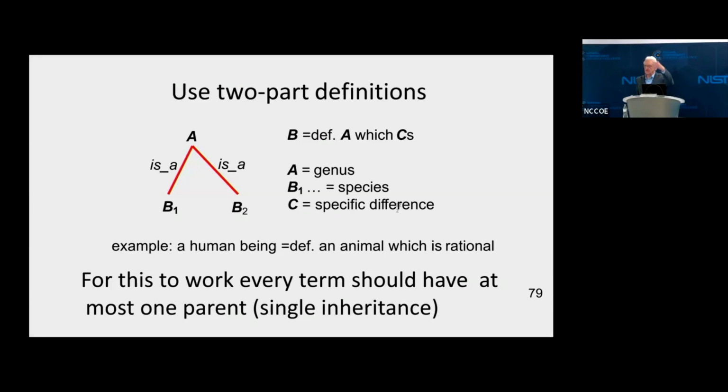So an example would be a human is a rational animal. Every human is an animal which is rational. All your definitions of terms should look like that. They have two parts. The second part can be rather complicated. It can have multiple constituent phrases, but the basic idea is you use B as A which sees.